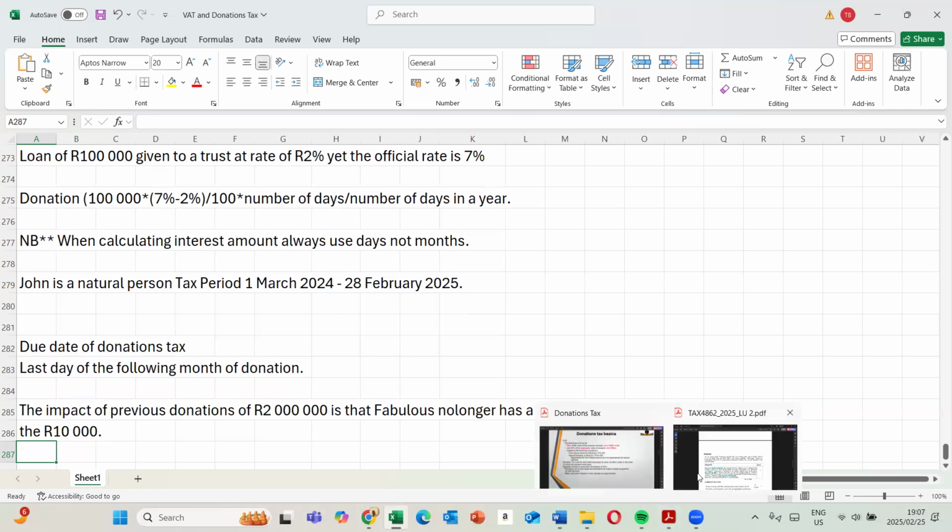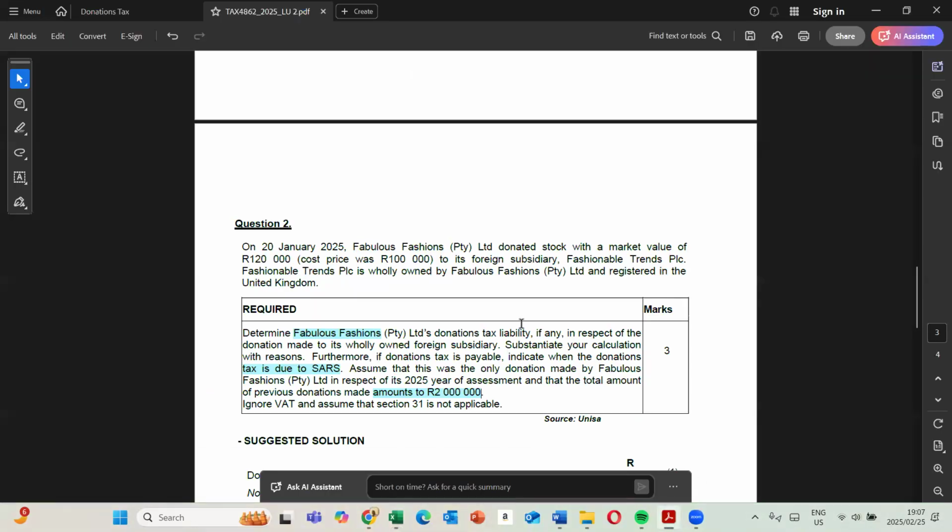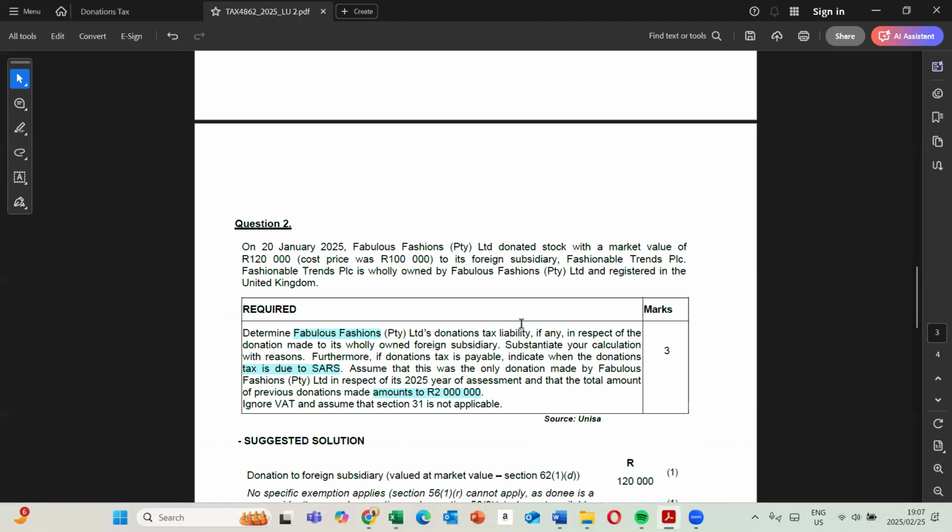Remember, we said companies get an exemption of 10,000. All right, so in regards to this, let's look at it.